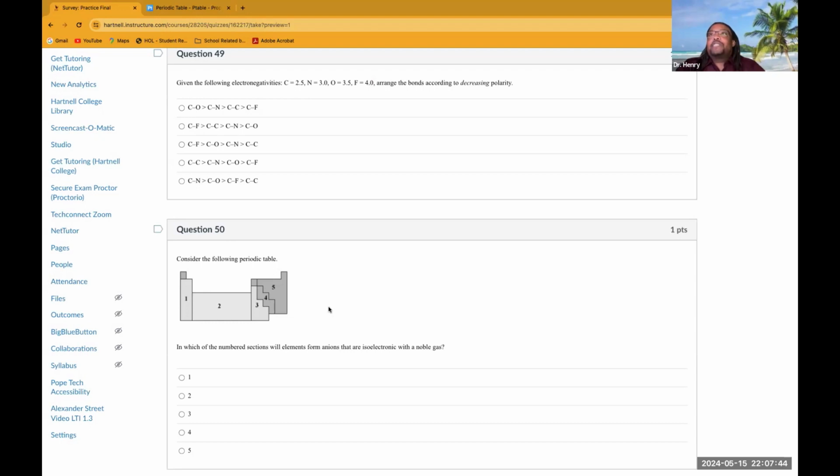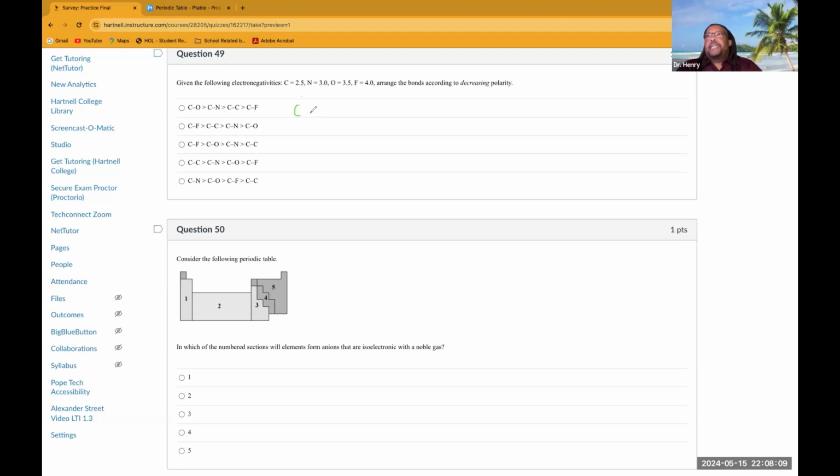Given the following electronegativities, and you guys see them there, arrange the bond according to the decreasing polarity. So we want decreasing polarity, going from the highest to the lowest. When we do this, we're just taking the difference between the two. So let's put them in order.